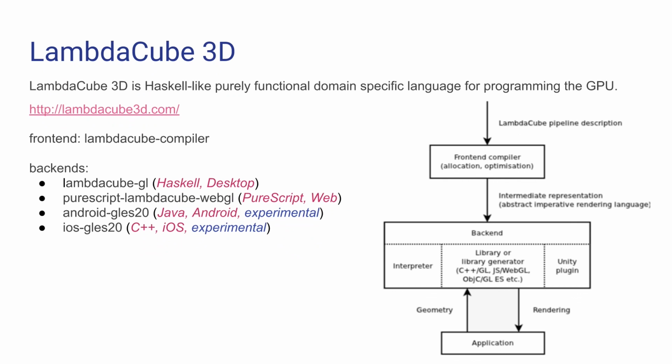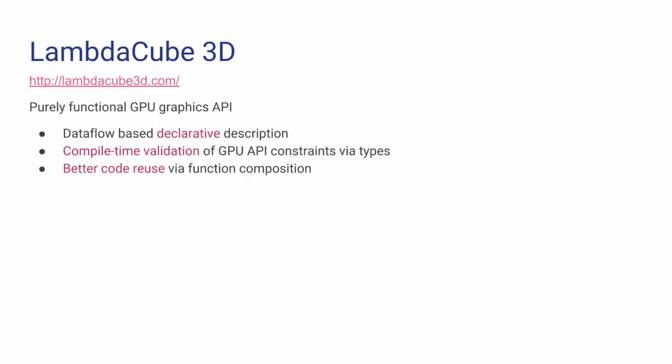The compiler compiles this declarative and purely functional description into an intermediate representation, which is executed by a backend. I have backends for desktop and web and for mobile, but those are experimental. The backend has an API to feed the data into the pipeline, and it's typed. But we will see it later.